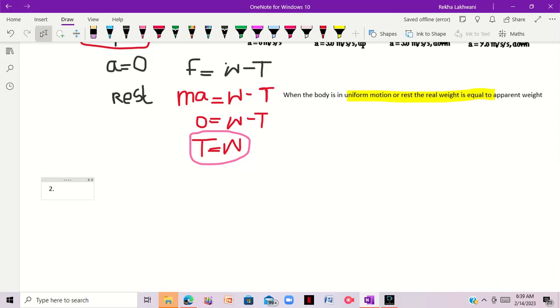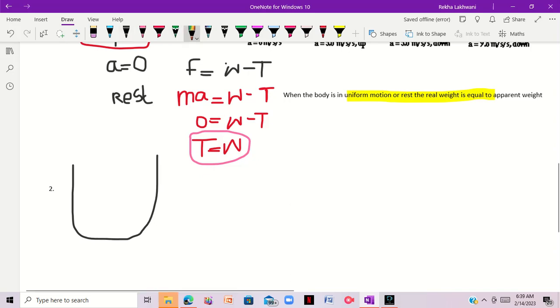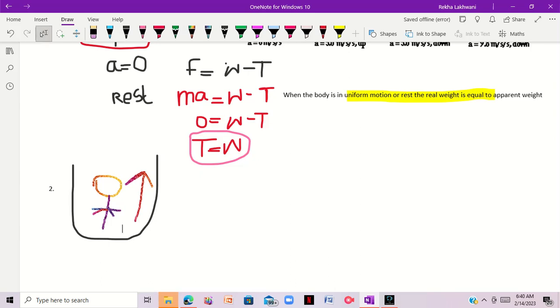Let's look into the second case. Let's make a container here. It's our container. Let's draw a body here. Consider that the body is going upward. So it means that the tension is greater than the weight. It means the apparent weight is greater than the real weight.